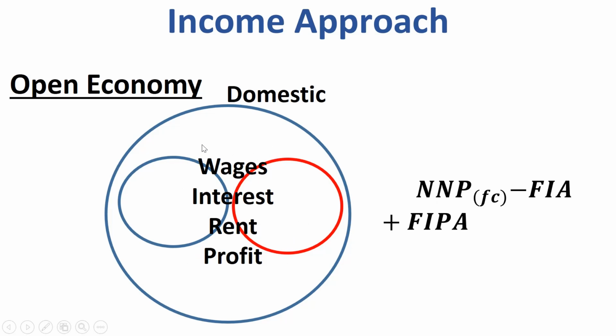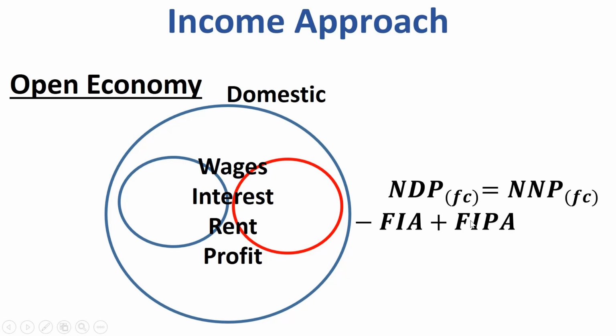All these factor incomes, when you add them, are equal to NNP at factor cost minus FIA plus FIPA. But we see that NNP at factor cost minus FIA plus FIPA is the same as NDP at factor cost, our net domestic product at factor cost.